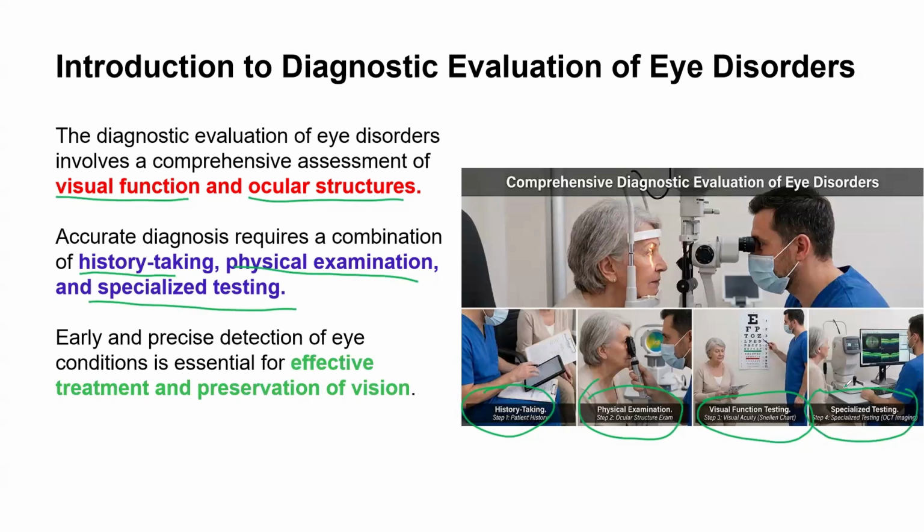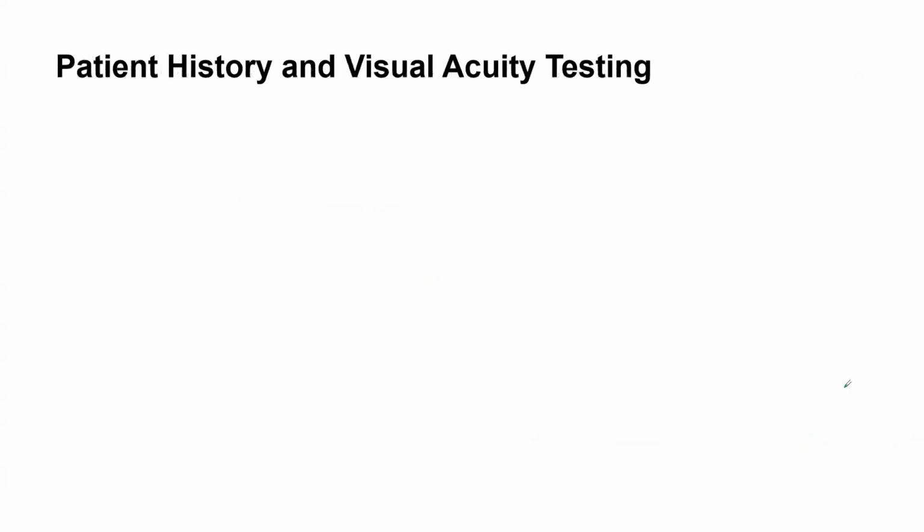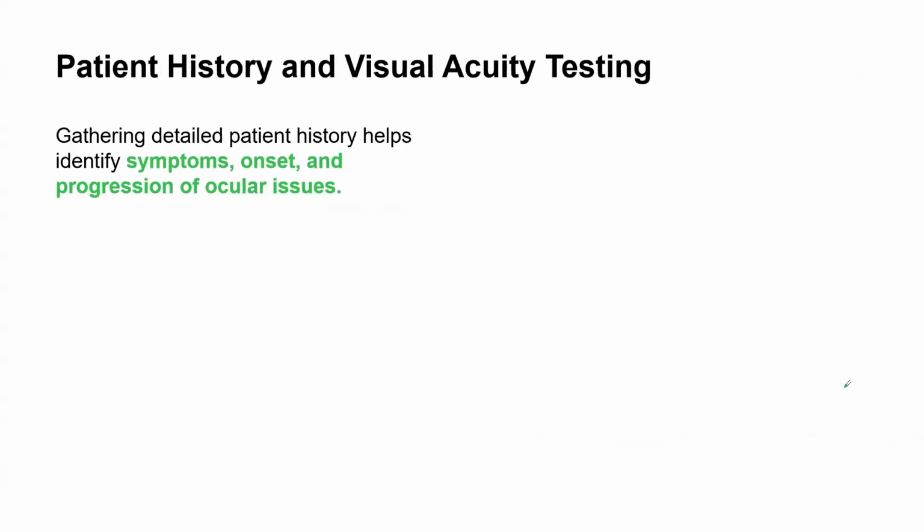So very importantly, you should know that early and precise detection of eye conditions is essential for effective treatment and preservation of vision. So now, let's start with the patient history and visual acuity testing.